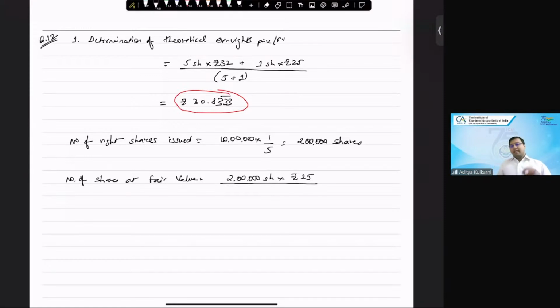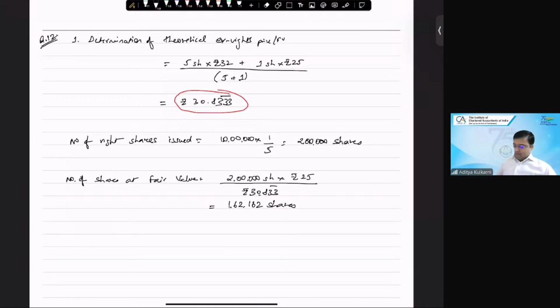So therefore, you are collecting 50 lakh rupees, but in fair value terms, what is the number of shares you are actually issuing? It comes to 1,62,162 shares. If you take it at 30.833333, it will come to 1,62,162 shares. Have you understood this? Yes, sir.